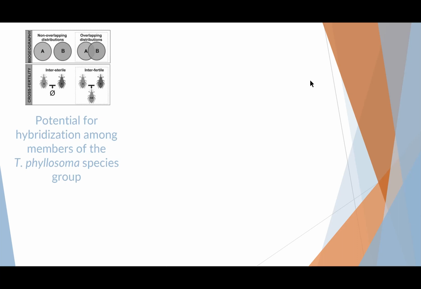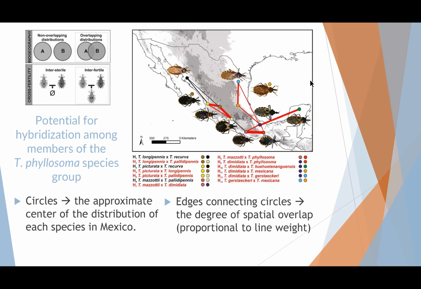So, considering our first step about biogeography and cross-fertility, I retrieve potential for hybridization among members of the Triatoma phyllosoma species group. Each pair of species is a hypothesis of hybridization.